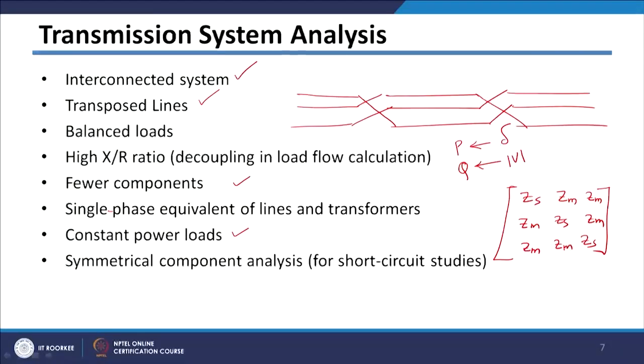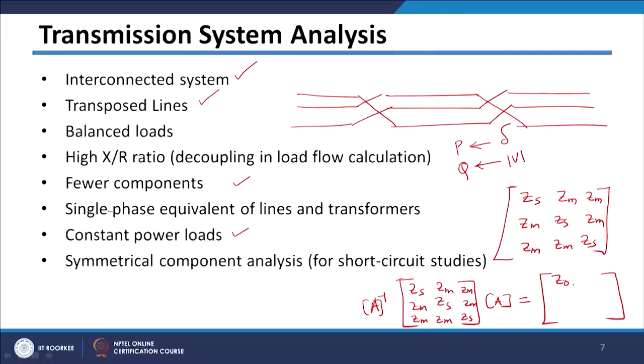And we know that if you pre and post multiply this matrix by A inverse and A, which is the symmetrical component transformation matrix, to this impedance matrix, which has Zm, Zm, Zm and diagonal entries Zs, Zs, Zs, we get only a diagonal matrix, that is Z0, Z1 and Z2.